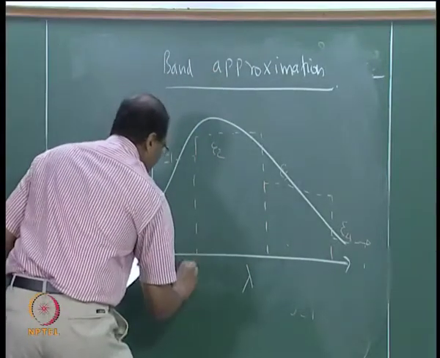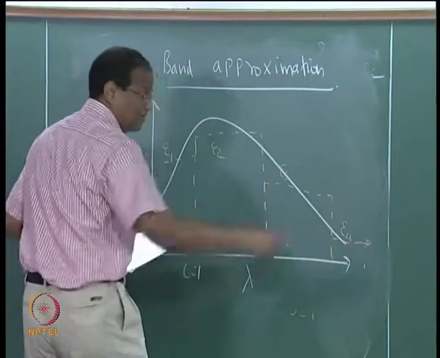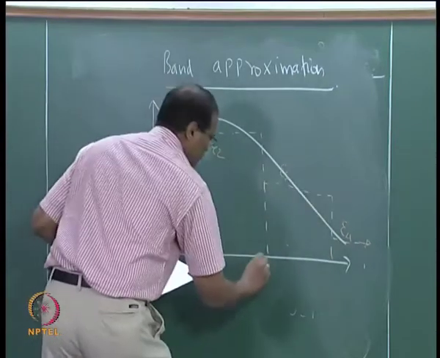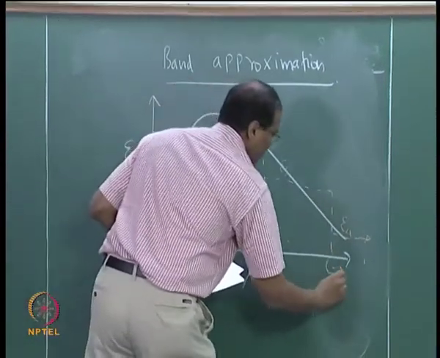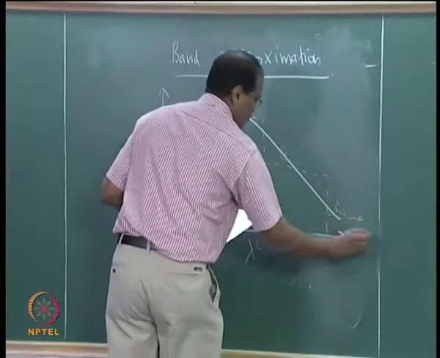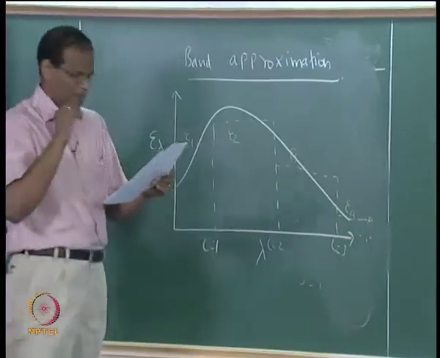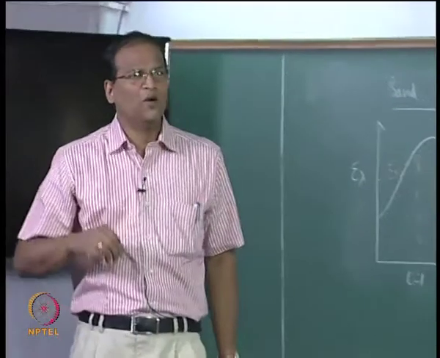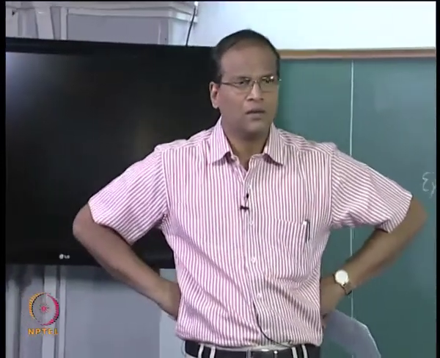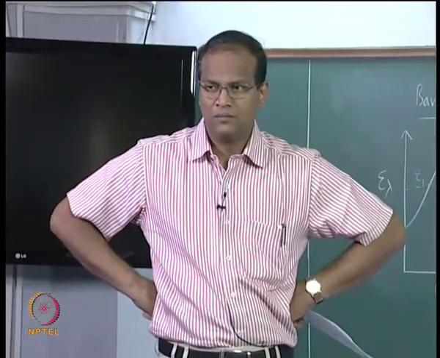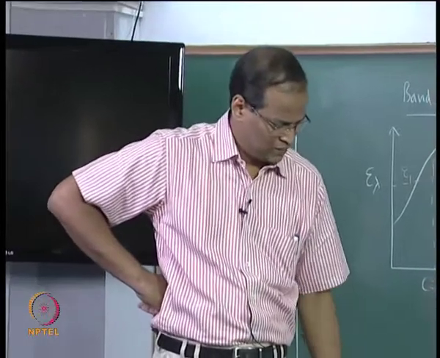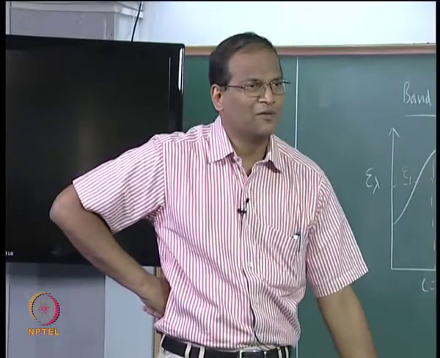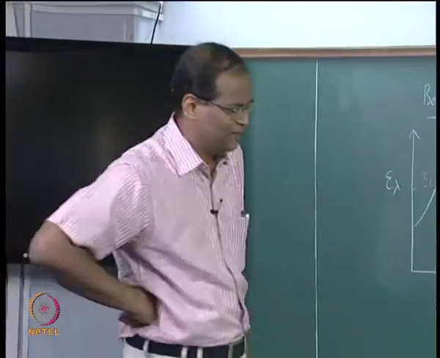So I can call this i equal to 1, j lambda i, i equal to 2, i equal to 3, and so on. What is a major achievement? Instead of integration we can do some summation. Hit the bullseye.